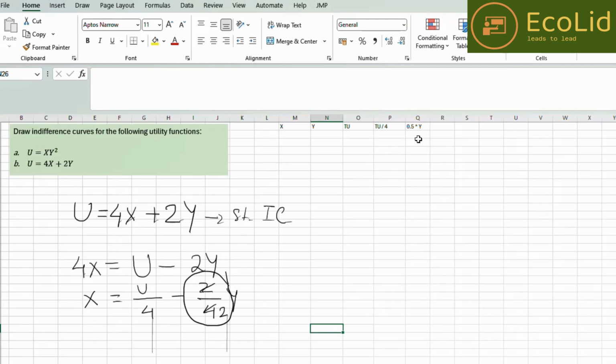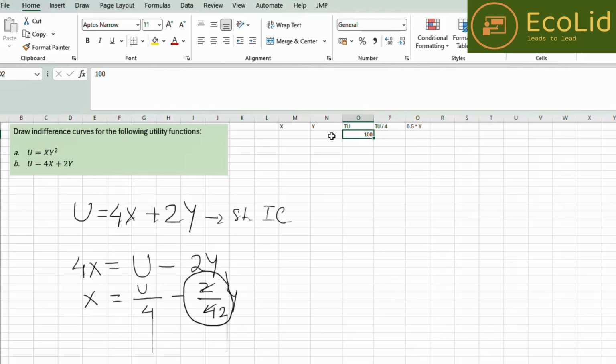So let us generate the values of x by using the relationship between x and y and u. The first job is to find a fixed value for total utility. Again, in this example we are taking the value 100. So for all the commodity combinations of x and y, we will have the same value, that is 100.